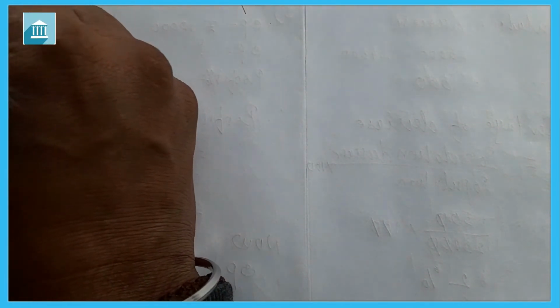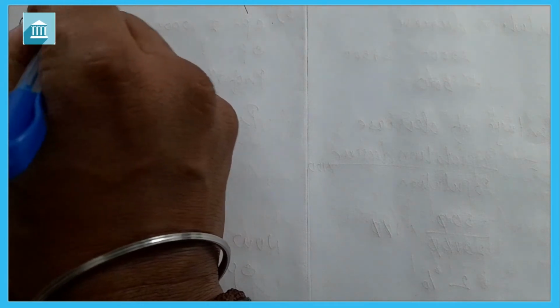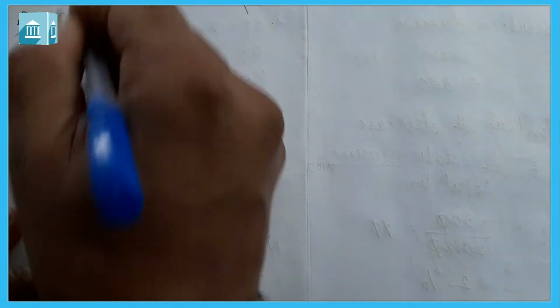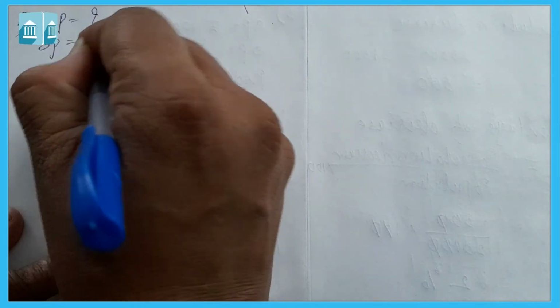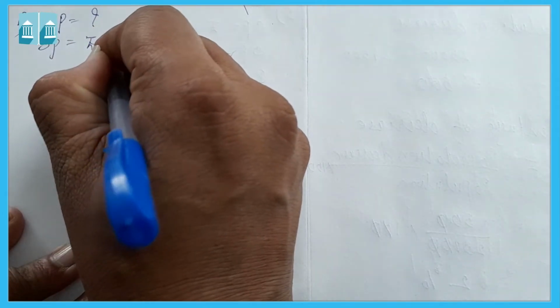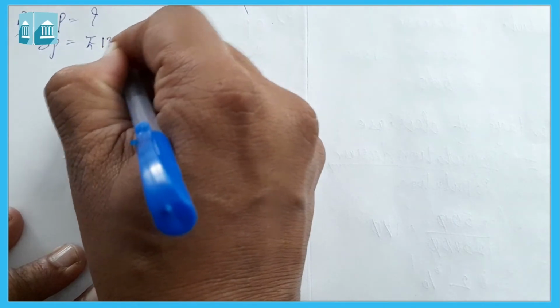Now let us see question number 6. It is given that Zuhi sells a washing machine for rupees 13,500. She lost 20% in the bargain. What was the price at which she bought it? Now here CP is not given. SP is given, rupees 13,500.